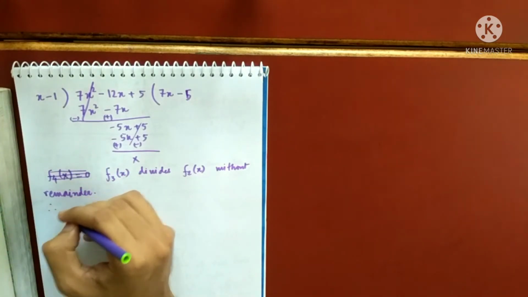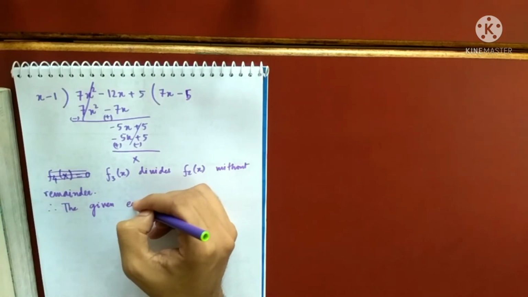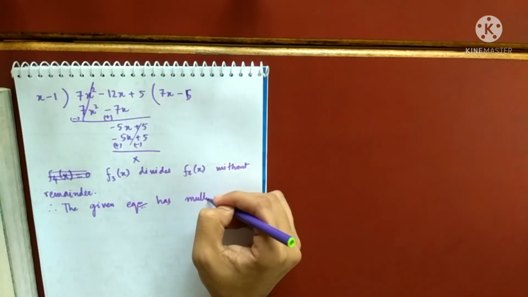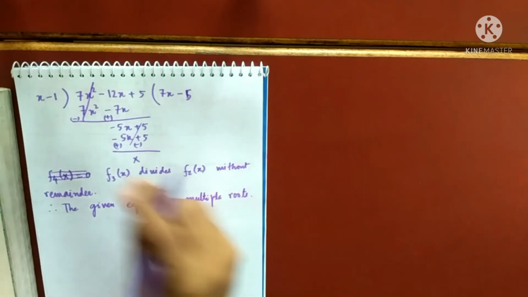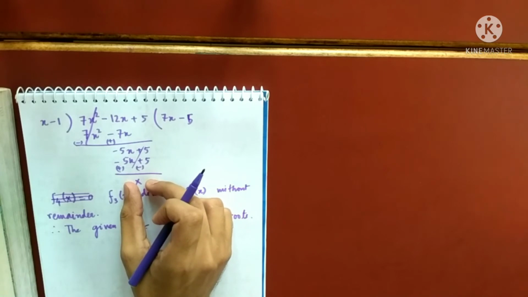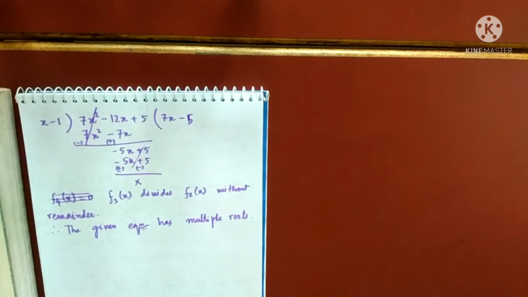Therefore the given equation has multiple roots. How did I understand that? By looking at this, because the last remainder is 0. By definition of HCF, the last non-zero divisor or last non-zero remainder is your HCF.